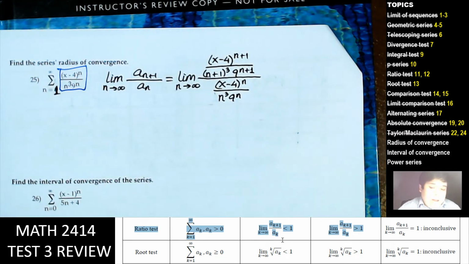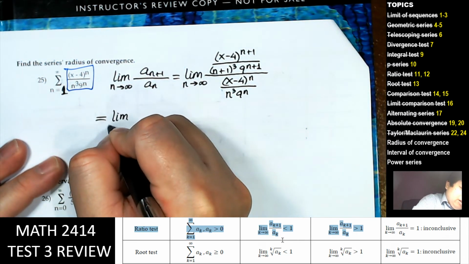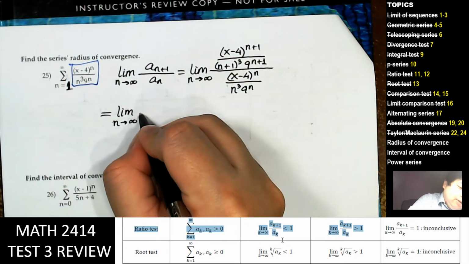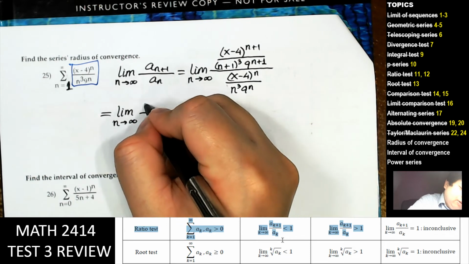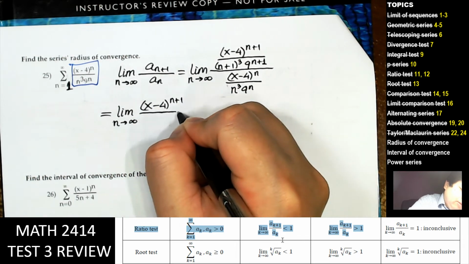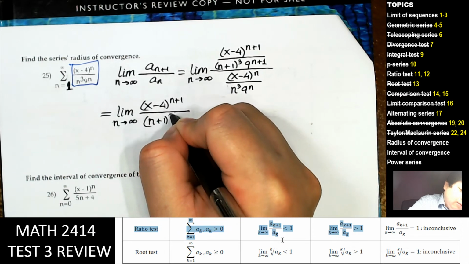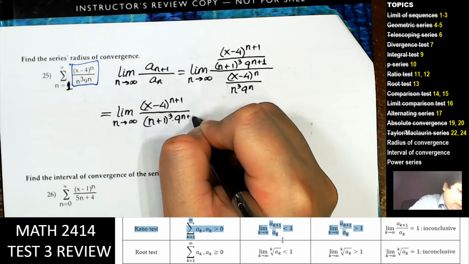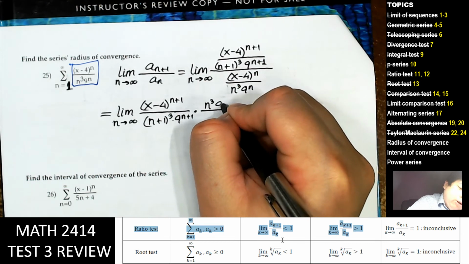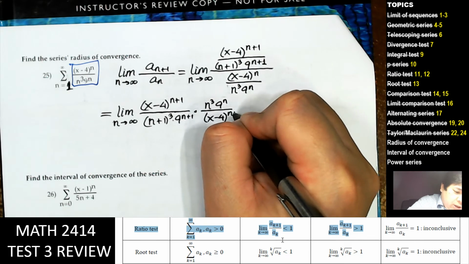Right. Multiply by the reciprocal. There should be something to simplify in here. Multiply by the reciprocal: n cubed, 9 to the n power, (x minus 4) to the n plus 1.